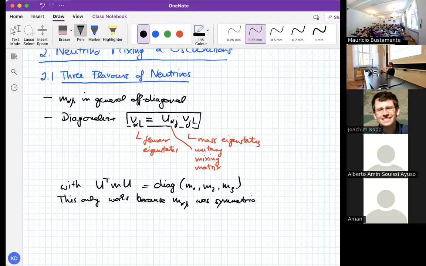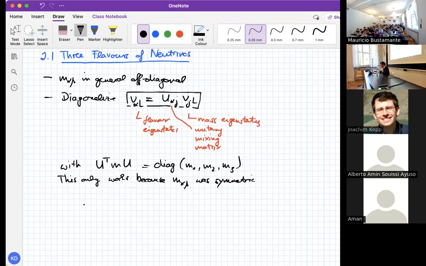You can, of course, still diagonalize a mass matrix also for Dirac neutrinos, but then you have to apply two different unitary rotations to the left-handed fields and to the right-handed fields. And only the rotation of the left-handed fields is then the one that is really the physical mixing matrix. So let me also mention this here. Note for Dirac neutrinos: the mass term was the sum over alpha, beta of m alpha beta nu alpha left bar nu beta right.